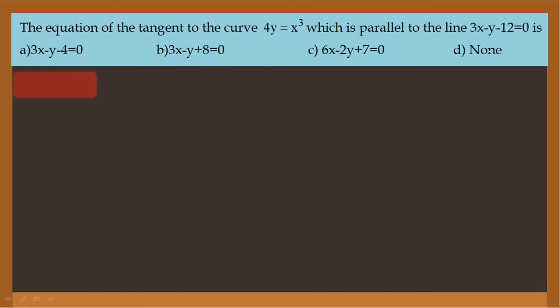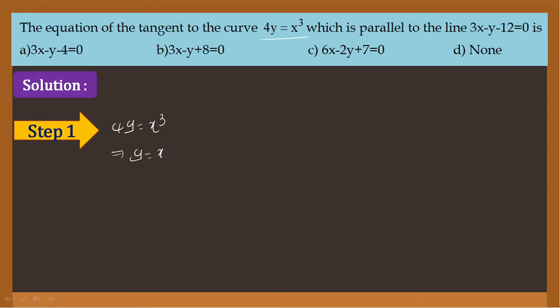Let us find this. Given curve is 4y = x cube. This implies y = x cube by 4. Now differentiating with respect to x on both sides, we get dy by dx = differentiation of x cube is 3x square divided by 4, 1 by 4 is constant.